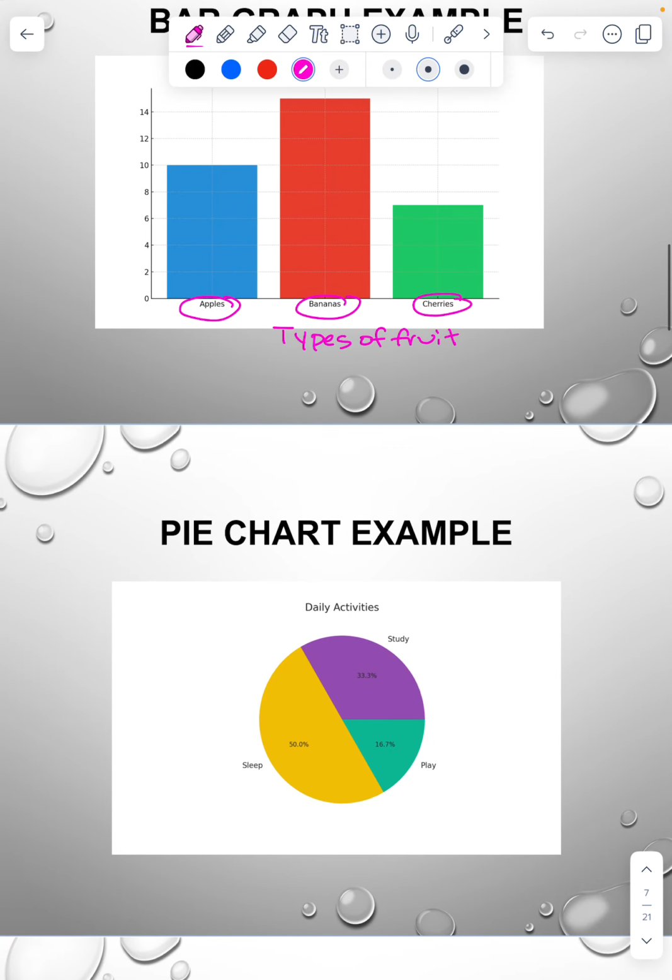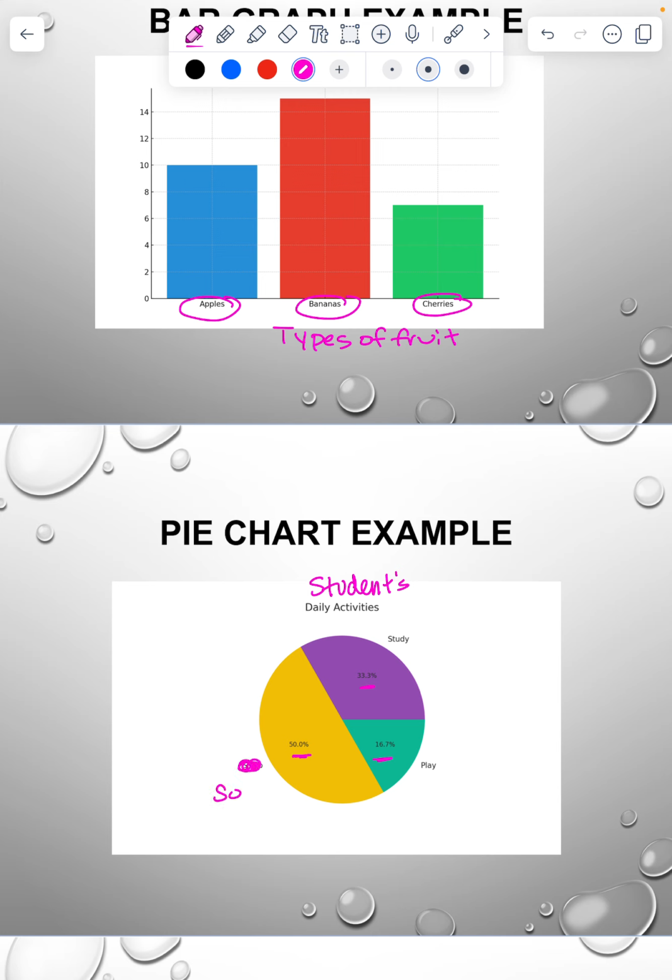Our example here is daily activities. So we'll say this is a student's daily activities, and you can see that there are percentages down here. Percentages are quantitative, but what we're really looking at is that it is a percentage. Most probably accurate, this student is not spending 50% of his or her time sleeping.